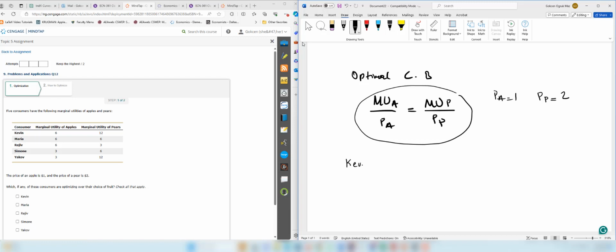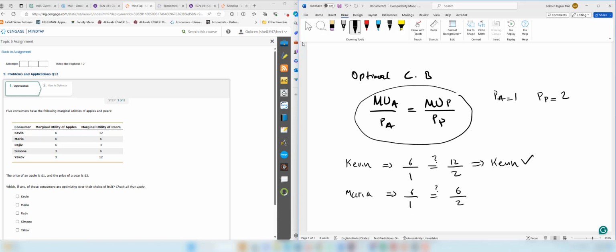We can calculate for each consumer whether this condition is satisfied or not. For Kevin, is 6 divided by 1 equal to 12 divided by 2? Yes, this equality is satisfied, so Kevin is maximizing utility. Let's look at Maria. Is 6 divided by 1 equal to 6 divided by 2?